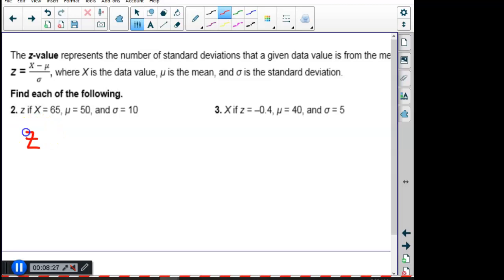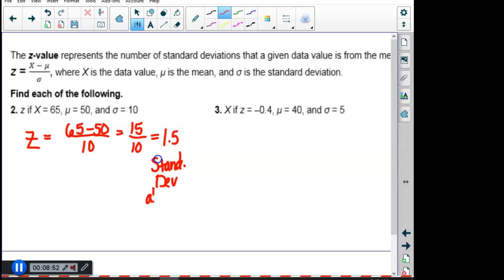So to find the z-score, you would say 65 minus 50. So it's 15 units away from the mean. And then when you divide by the standard deviation of 10, it would be 1.5 standard deviations above the mean.